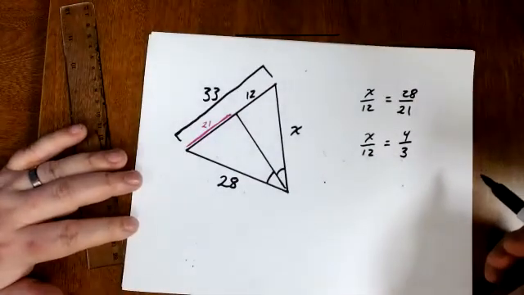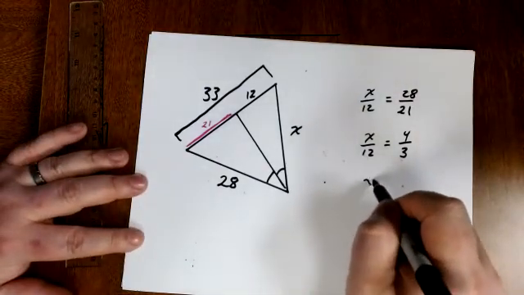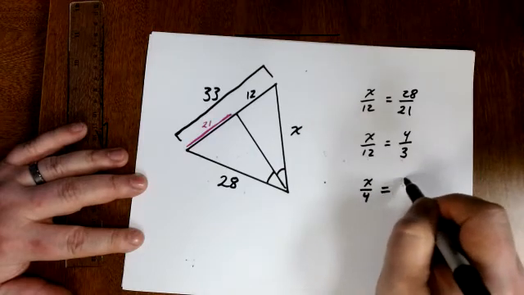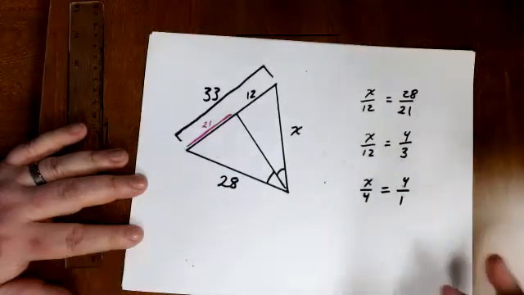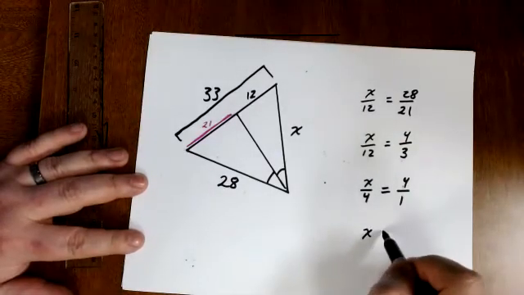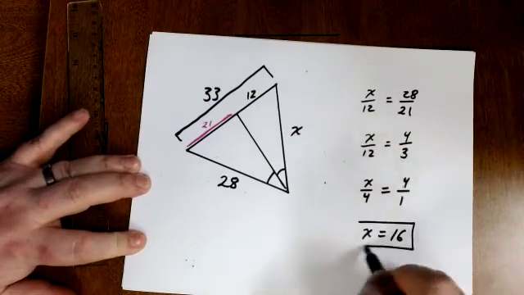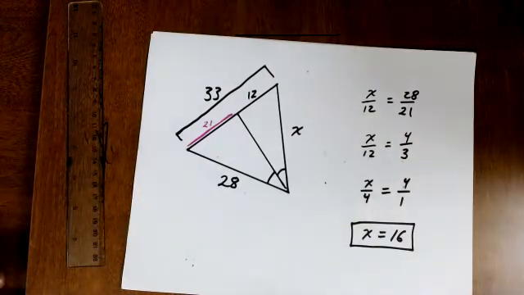Very nice. Thank you, Vanessa. We can reduce the sideways as well. So this is 4 over 1. And now when we cross multiply, x is 16. There we go. Very well done.